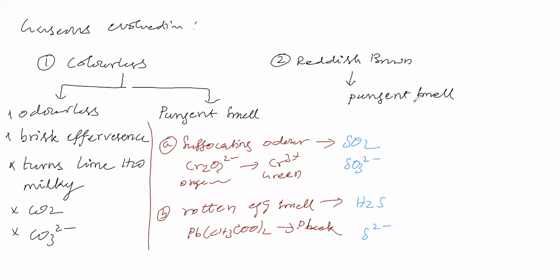Now, we are taking a reddish brown gas having a pungent smell. Which one will we see? You are saying the possibility is NO2 gas. Another possibility is bromine, Br2.